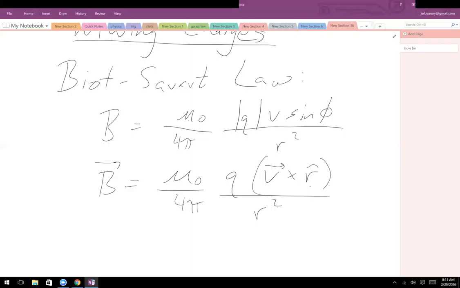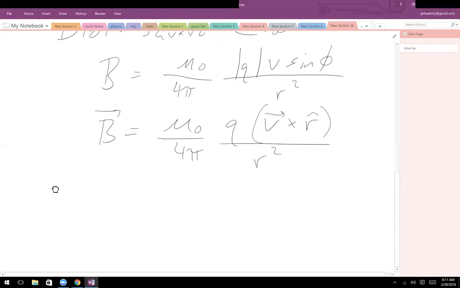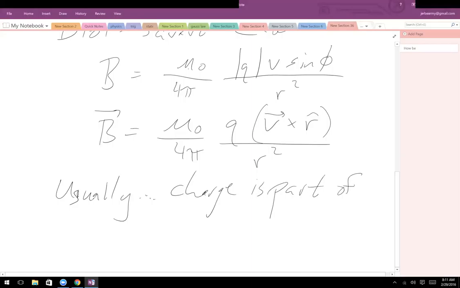So usually charge is part of electric current. So that's what we're going to actually use this for.